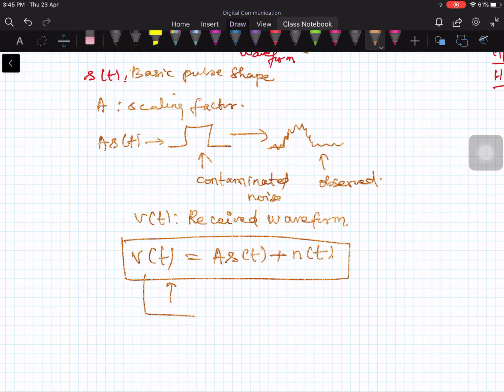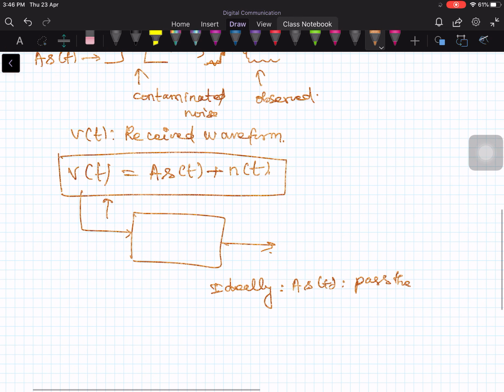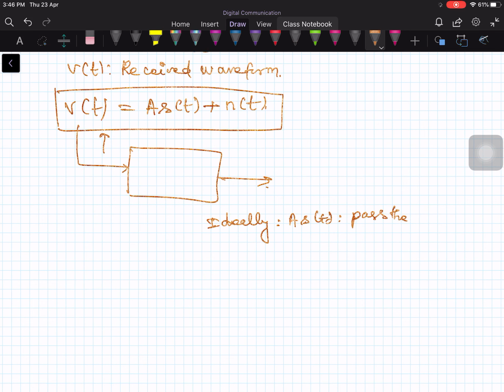Therefore this is given to a block, and the output of the block should ideally pass the signal A times s(t) completely, without attenuation.